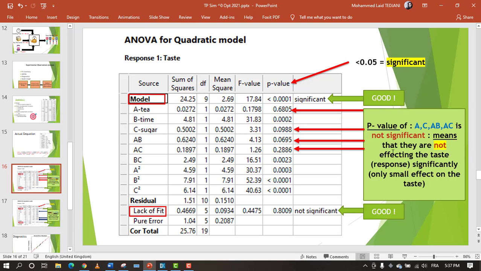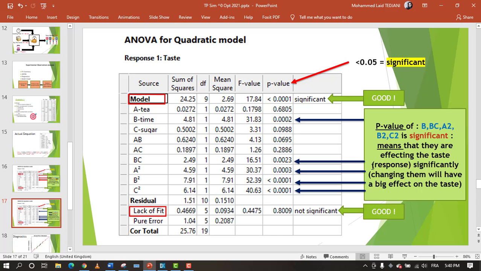This means that they are not affecting the taste significantly. They only have a small effect on the taste. That doesn't mean that your results are wrong or something like that. This means that these factors are not affecting your response.